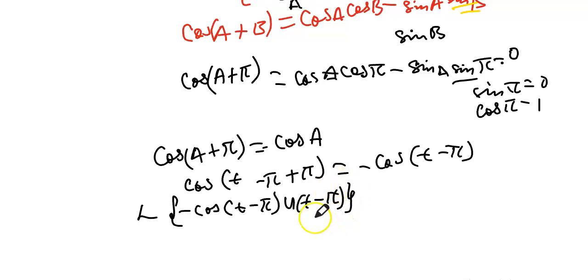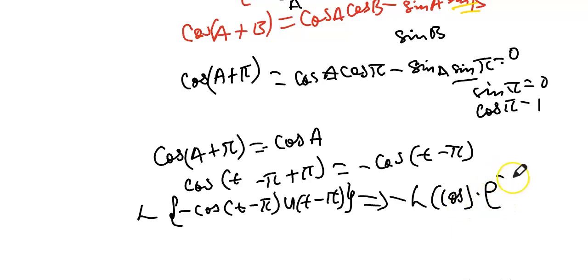Right. But the negative, we can put it outside the Laplace, such that we have negative outside, then we have Laplace of cosine of t, now a function times exponential negative pi s.